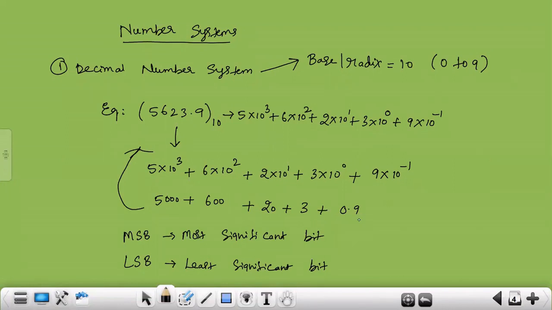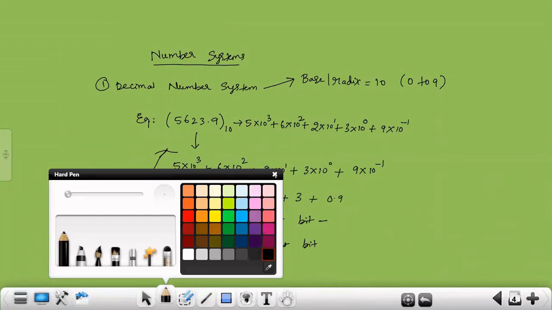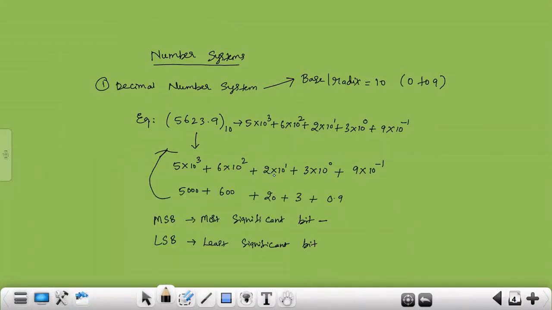Just write down the definition for MSB. The digit or bit which has the greatest weight.